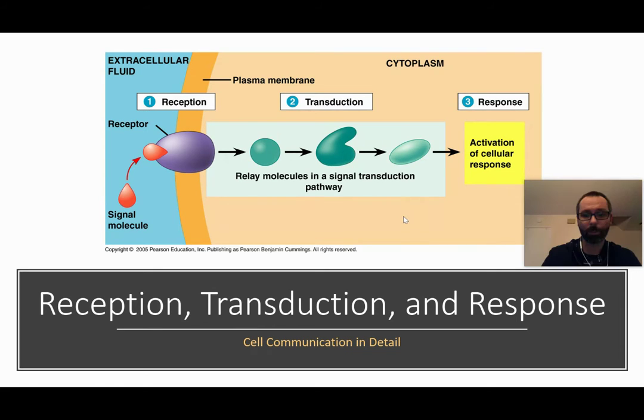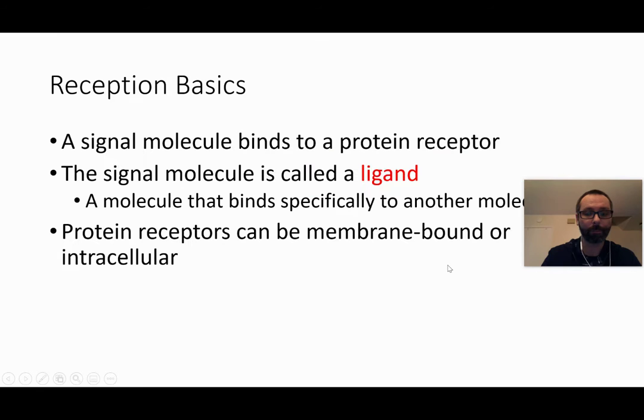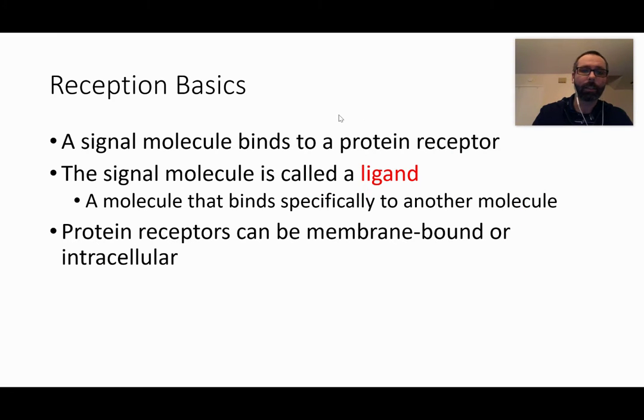We'll start, of course, with reception, the first step in the communication pathway. Now, here are the basics. Like I said before, we always have a signal molecule. It's got to be a physical object that then connects to another physical object, right? The signal molecule has a name called a ligand. You'll definitely see that word all over the place.